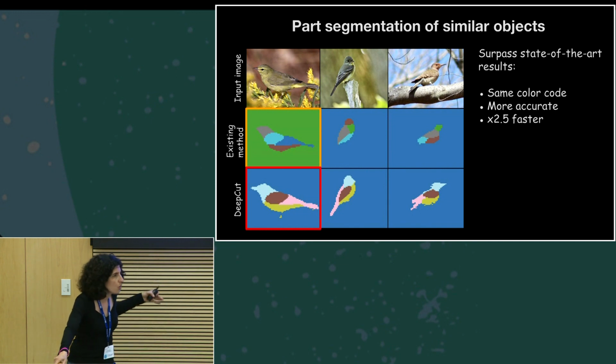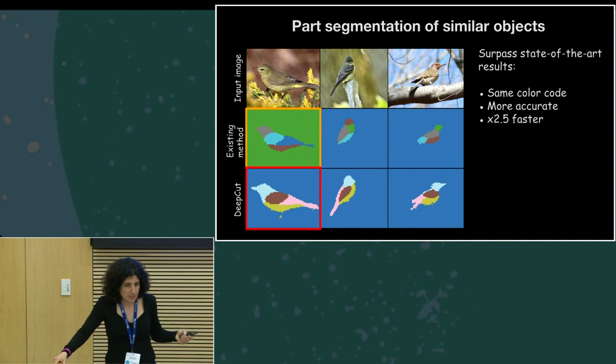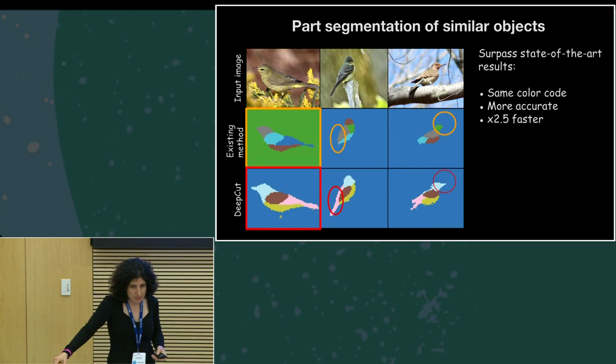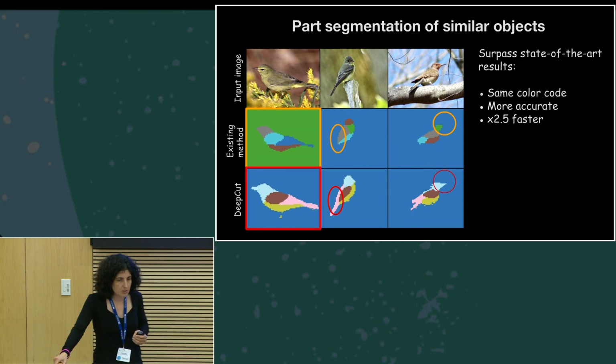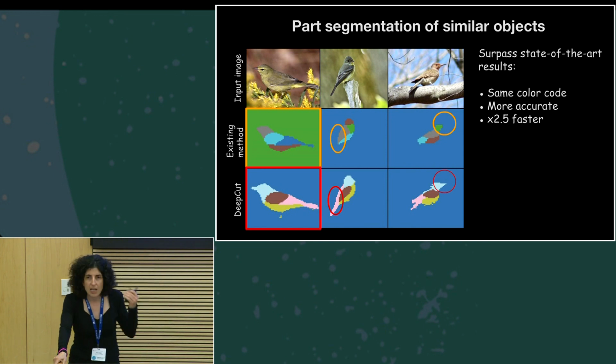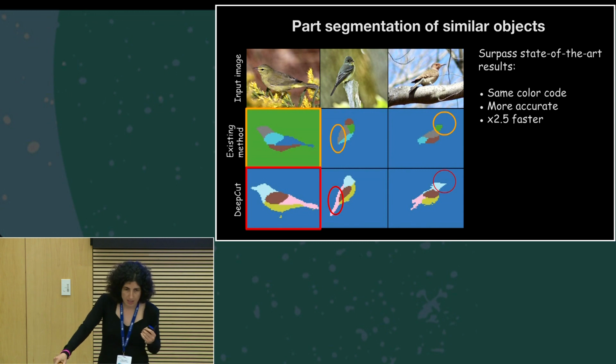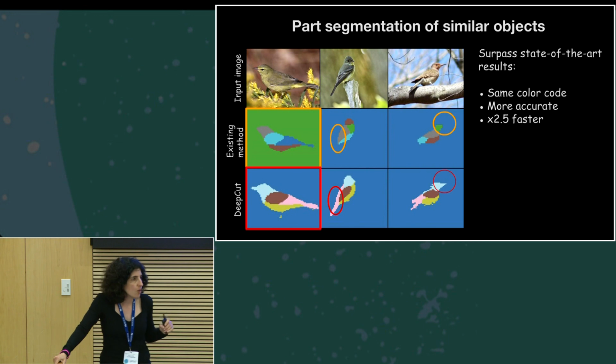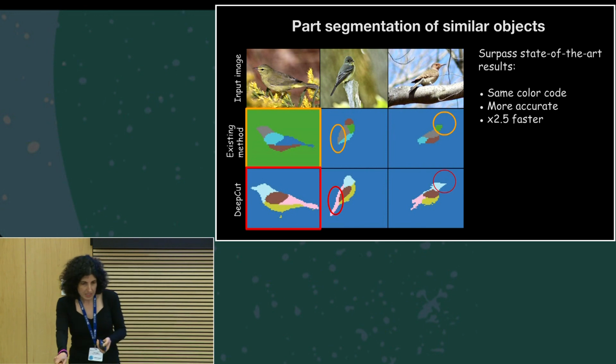The tail is always pink. So we can understand features better. You can also see that we are more accurate because the tail here is accurately segmented and the beak of the third bird is much more accurate. It is also 2.5 times faster than previous methods.